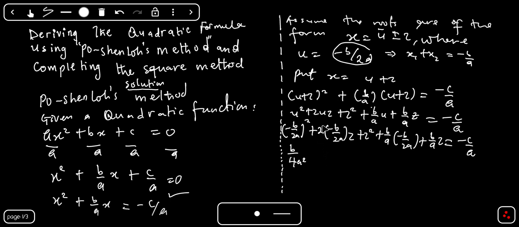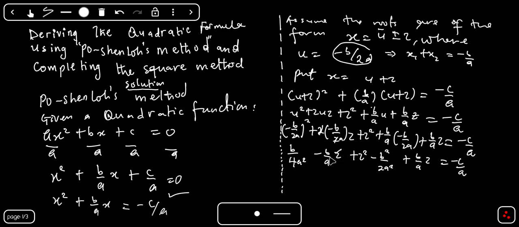Then the 2 will cancel out the 2, so what we have here is minus b over a z plus z squared plus, because b over a multiplied by minus b over 2a will be minus b squared over 2a squared, then plus b over a multiplied by z is equal to minus c over a.